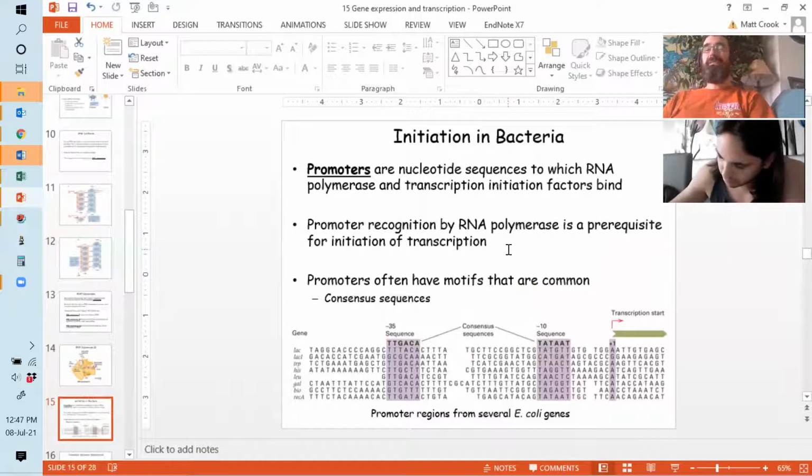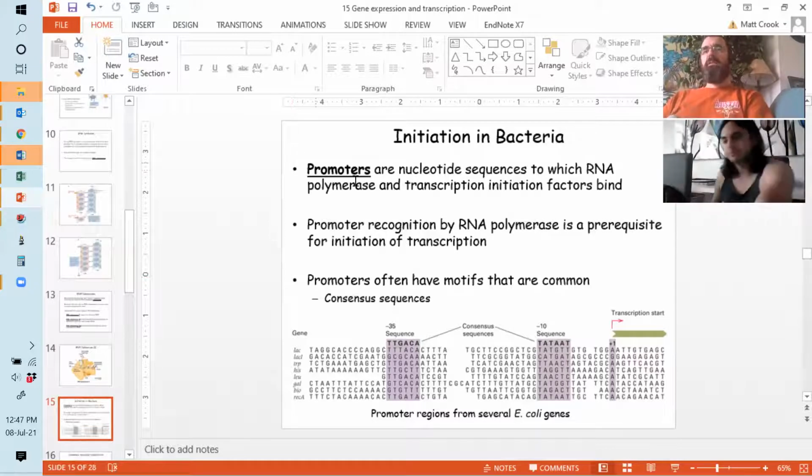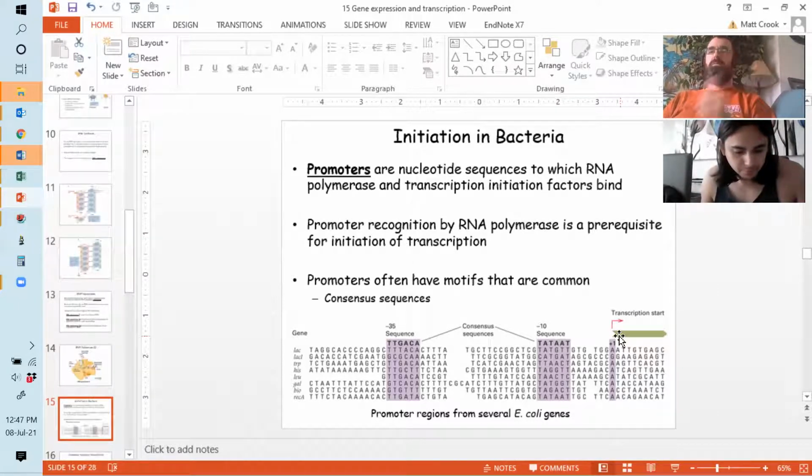So in bacteria, it's fairly straightforward in a sense. They're much more conserved in terms of how transcription is initiated. And so this promoter word, which you come across again, is essentially a sequence upstream. If we're going from left to right, which we are here, this is further to the left. This is a piece of DNA, which can be huge, particularly in eukaryotes, which does not encode protein.